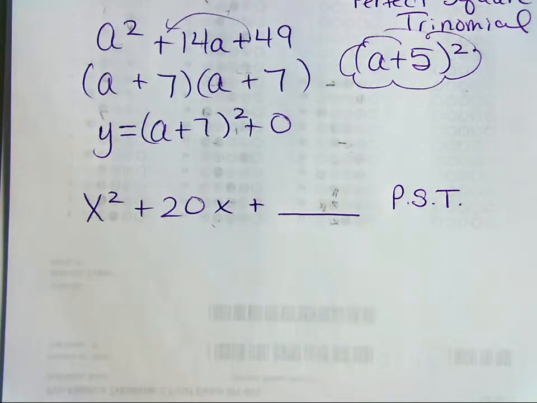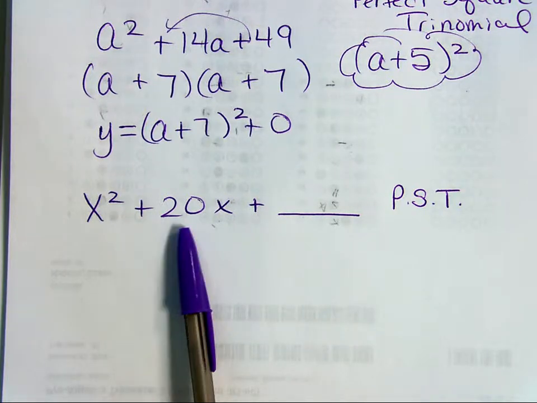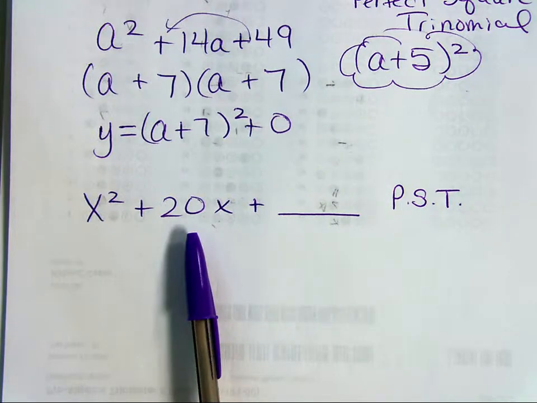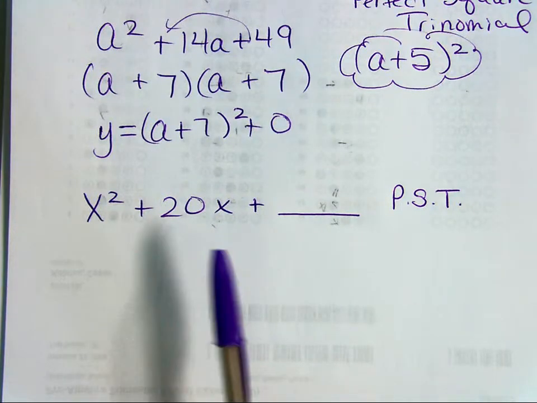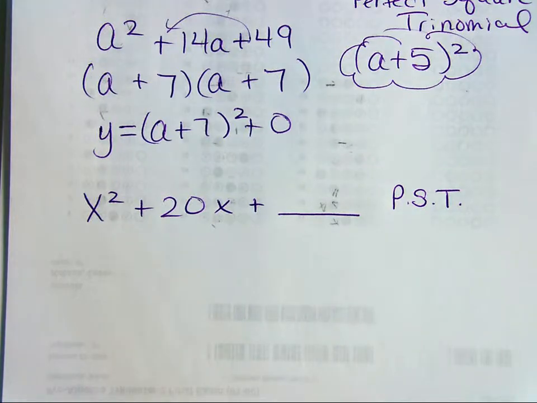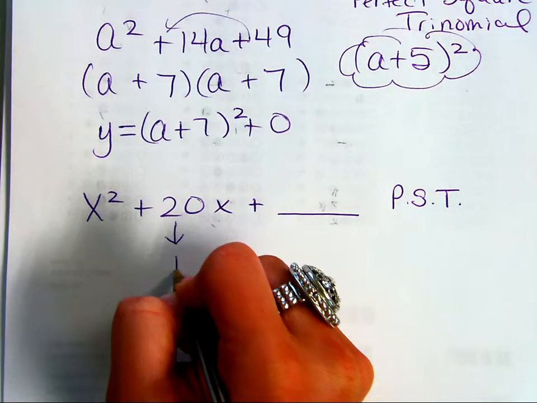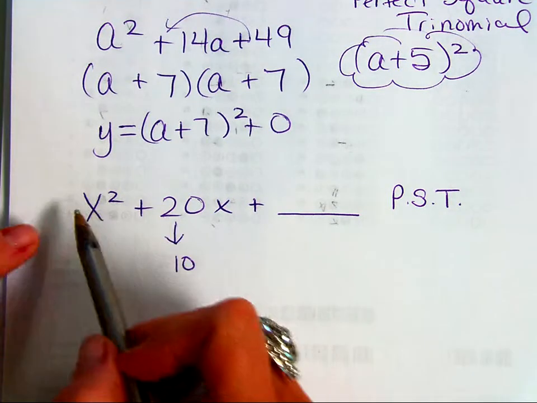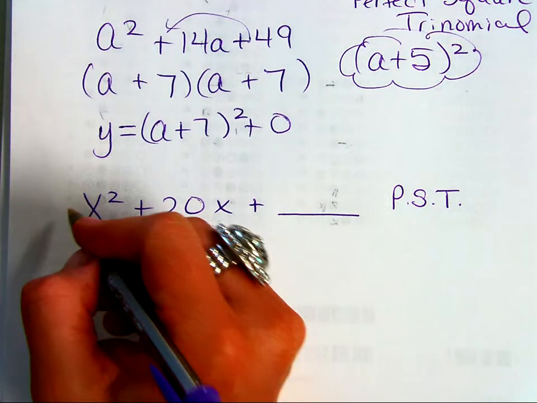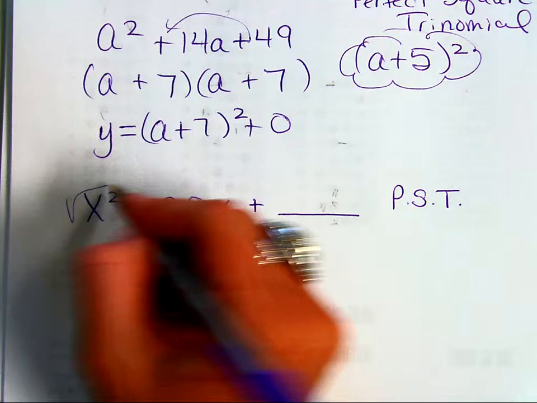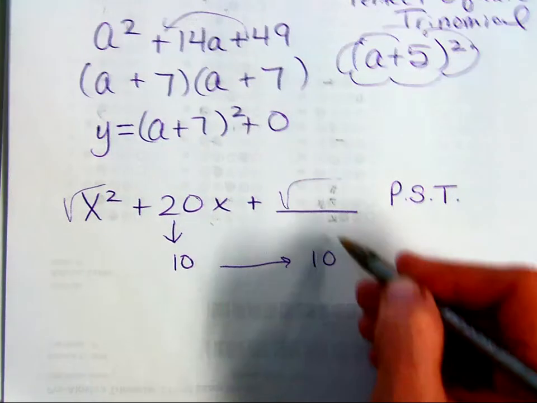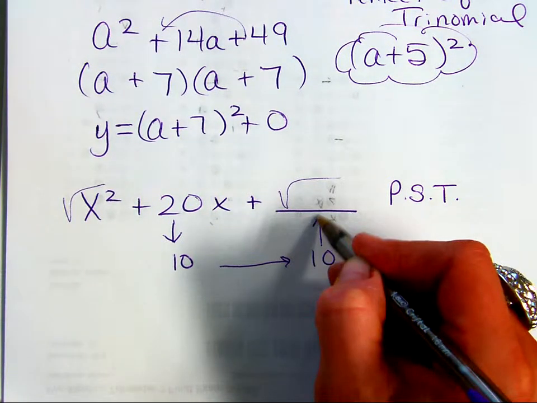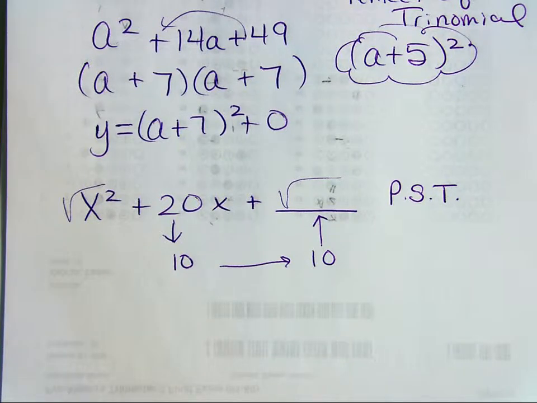So stop for a minute and think about it. Basically, 20 was doubled, right? So what was 20 before it got doubled? 10, okay? So 20 before it got doubled was 10, and to get this, I take the square root of this one and the square root of this one. So if this is 10, what must 10 have started out as?